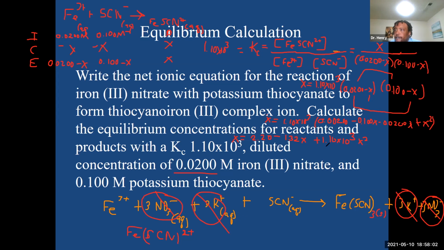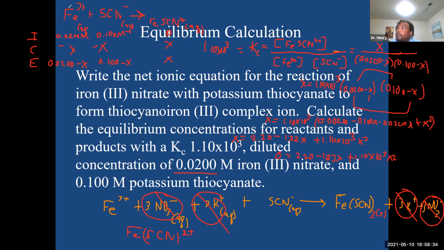Seems so big. So we bring the x over here. So we get 2.20 minus 133x plus 1.10 times 10 to the third x squared.